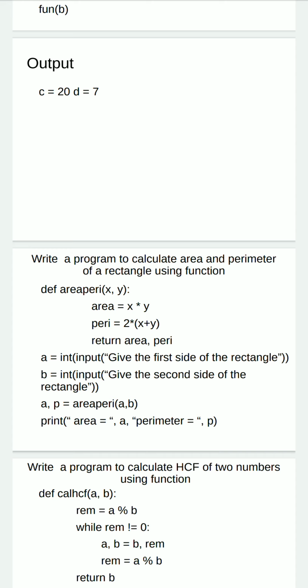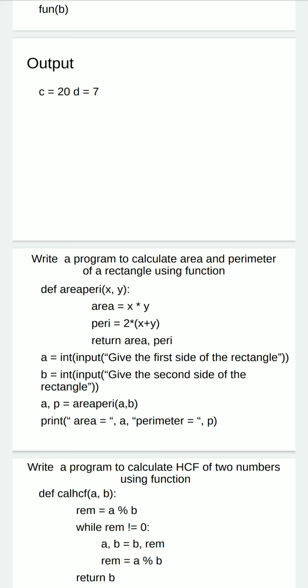The returned values are returned to the calling statement, that is a, p = area_peri(a, b). The first returned value, that is area, is assigned to a, and the second returned value, that is peri, is assigned to p, and hence in the next statement we have printed area is equal to a and perimeter is equal to p.